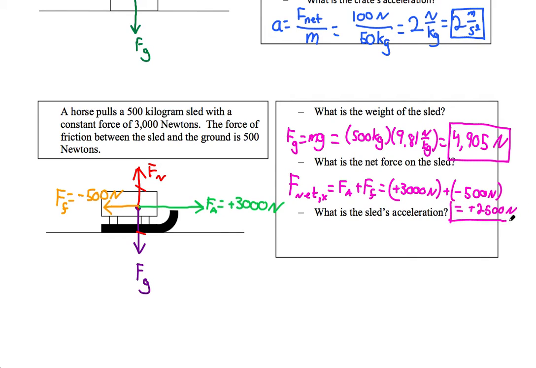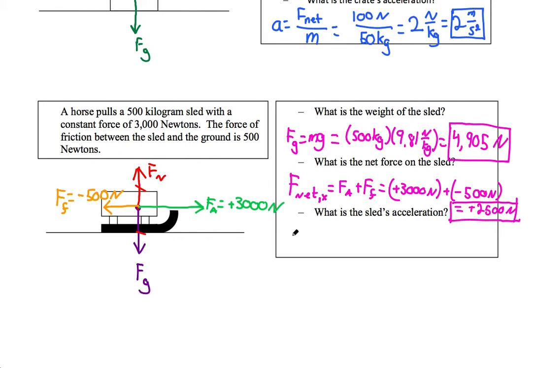Since it's positive, it means overall the net force is towards the right, which makes sense. If the horse is pulling, the sled must be moving this way. The applied force is overcoming friction since it's moving that way.